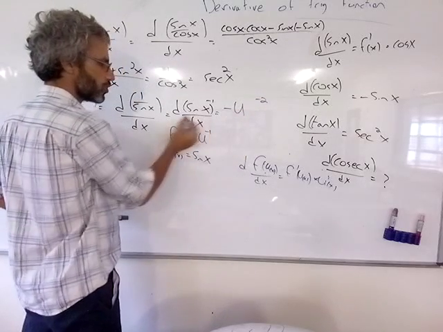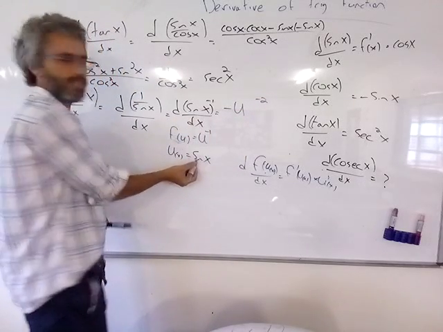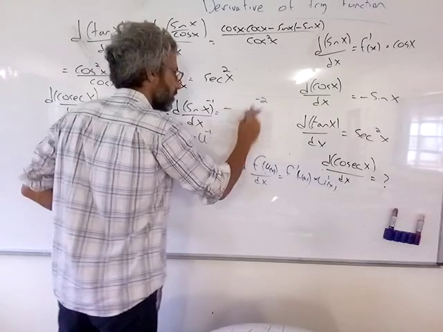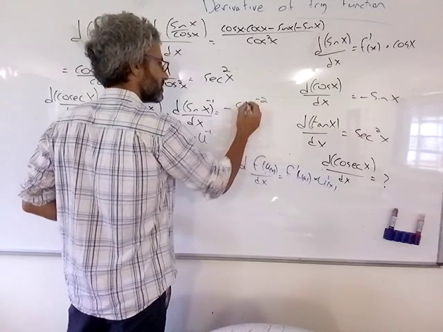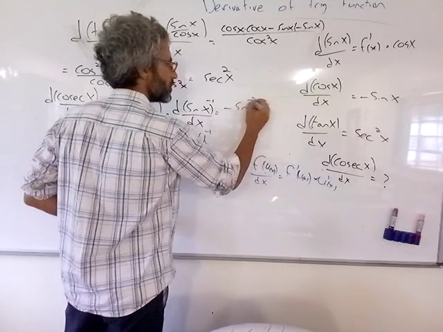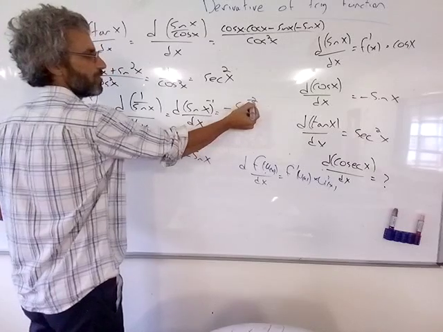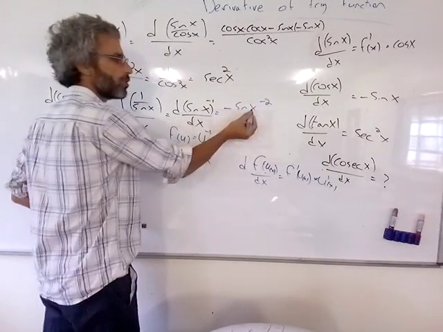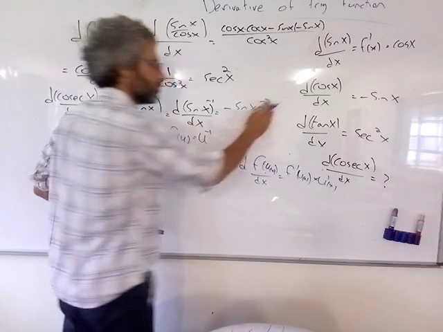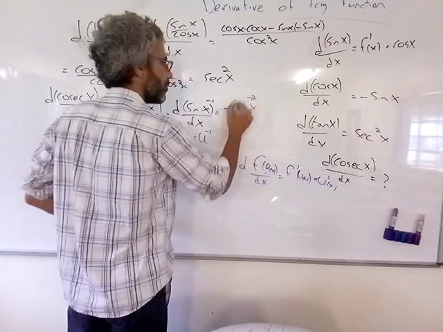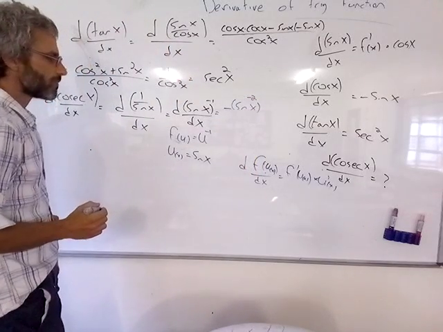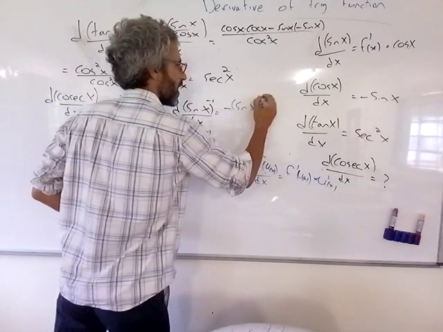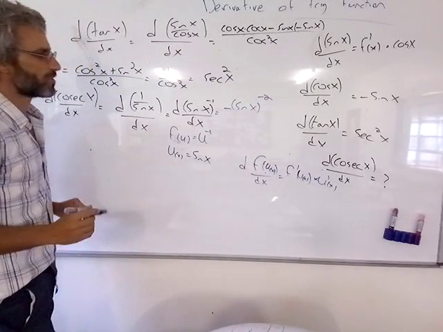And instead of u, I'm straight away going to write sine x. I'll put brackets here just in case, so the minus 2 is not ambiguous and doesn't look like x is to the power of minus 2.